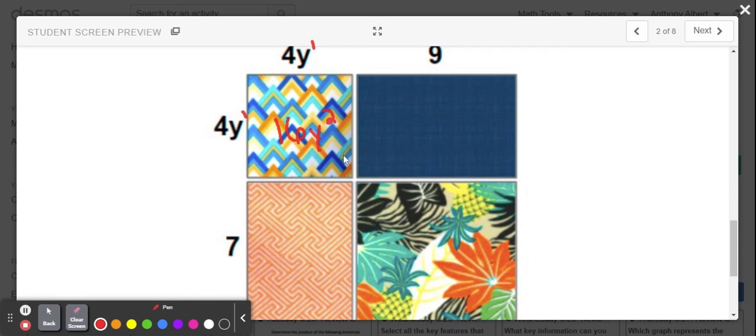That's where that comes from. 4 times 9 is 36, and then there's just one y, so nothing to multiply with, so it stays like that. 7 times 4 is 28. Again, just one y, so that stays there. And 7 times 9 is 63.